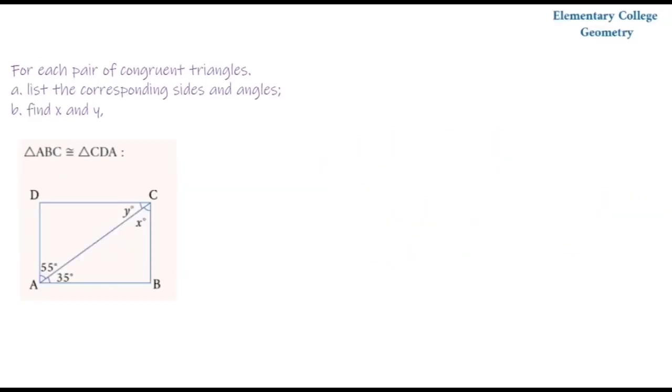The next figure: in this figure, two triangles of ABC and CDA are congruent, so all the corresponding sides and angles are equal.